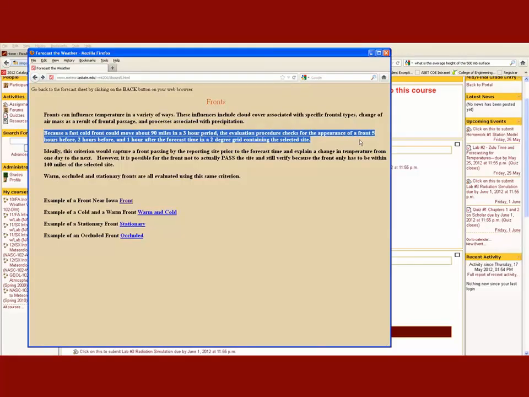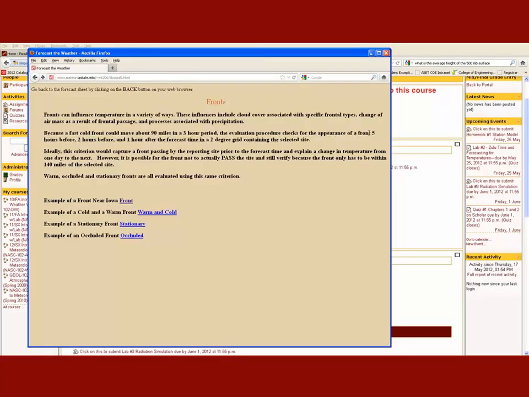Then what would happen is the program checks for the appearance of a front at specific times: 5 hours before 12Z and 18Z, 2 hours before 12Z and 18Z, and 1 hour after the forecast time, basically in the state of Iowa.